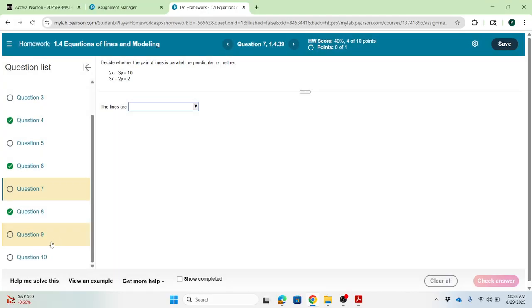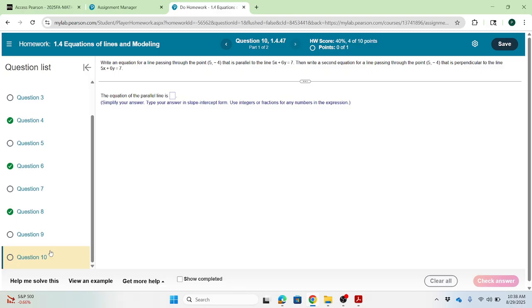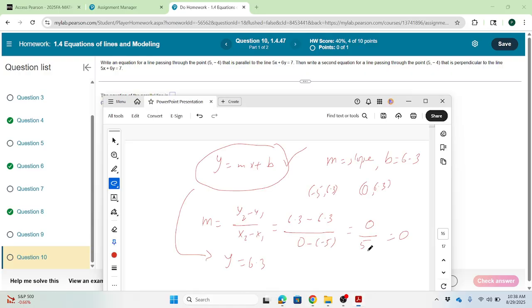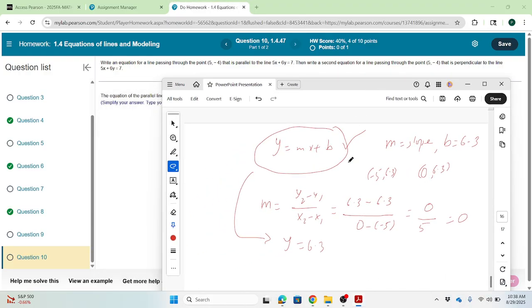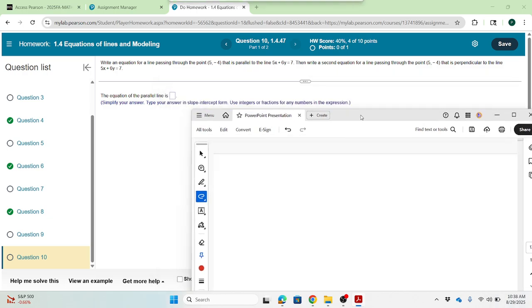Okay, let's do this question. Write an equation for a line passing through this point that is parallel to this line. Then write a second equation for the line passing through the very same point, but perpendicular to that line. Keep in mind, for finding the equation of a line, you need a slope and a point at least.